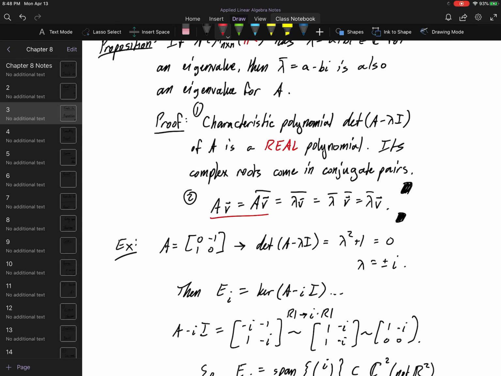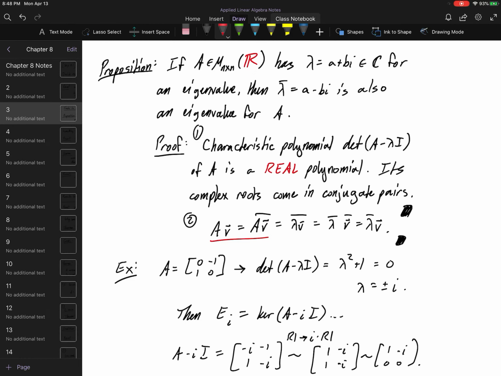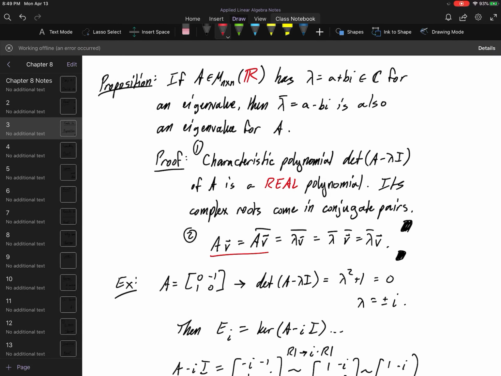Another way, you can just have a look at what happens if you were to send A through this eigenvector V, because this matrix A is real.